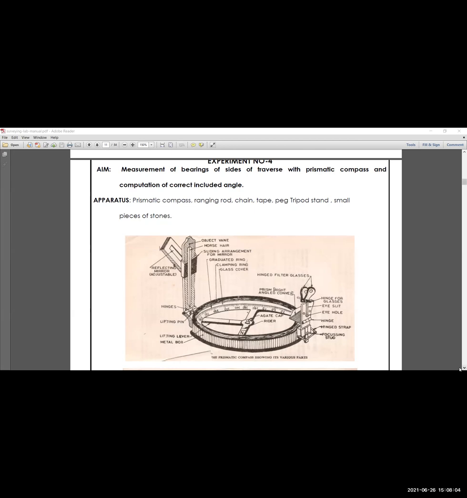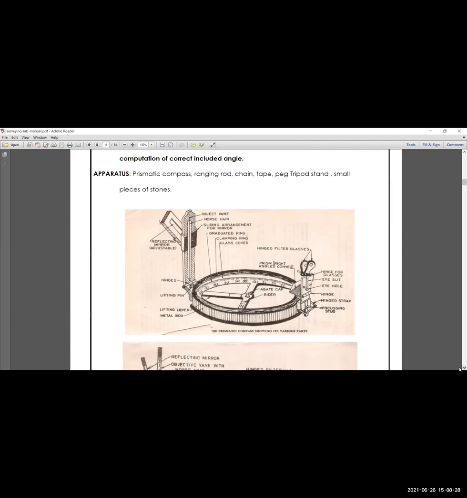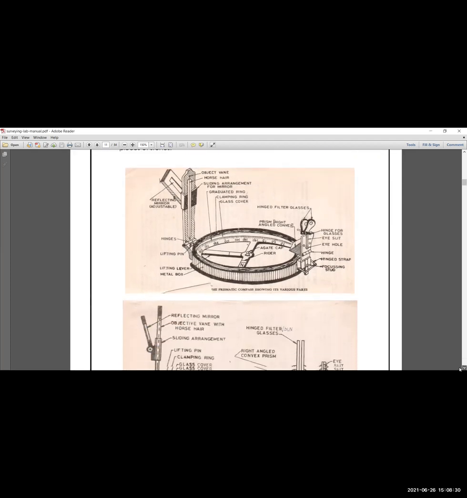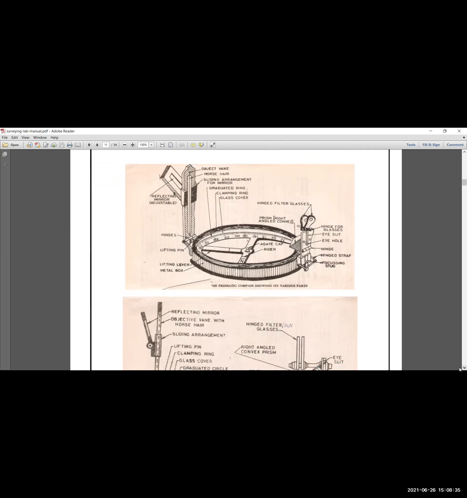So the apparatus used in this experiment: first is the prismatic compass, ranging rod, chain, a metric chain either 20 meter or 30 meter, tape that is cloth tape or metallic tape, tripod stand, small pieces of stone for marking purpose. This is the prismatic compass which is showing various parts.